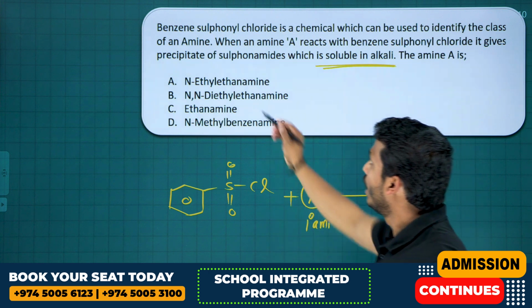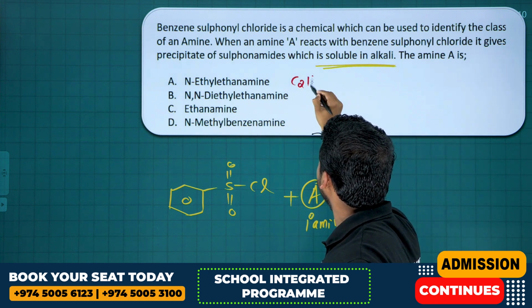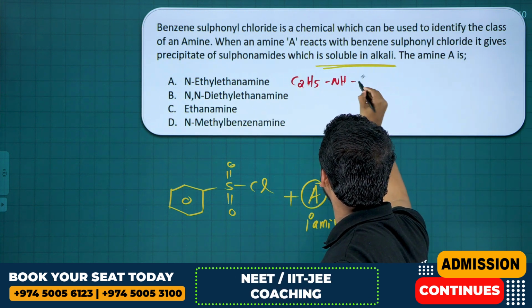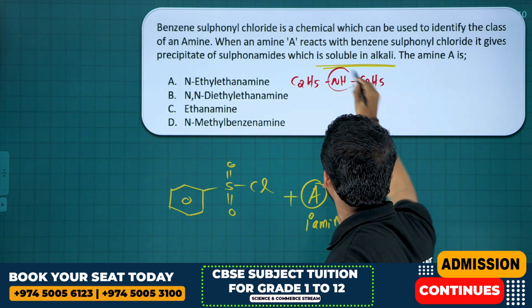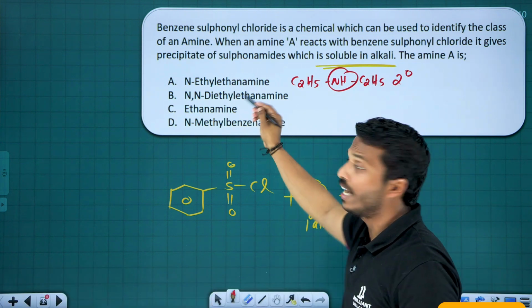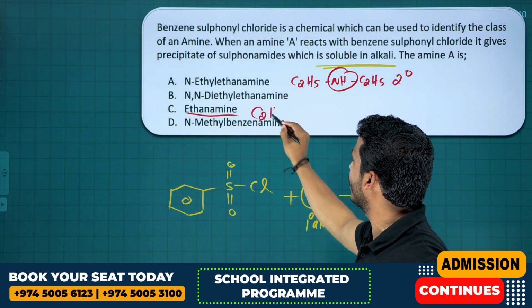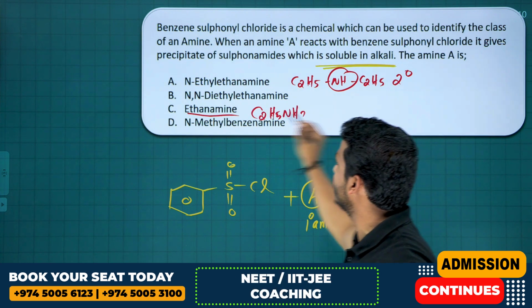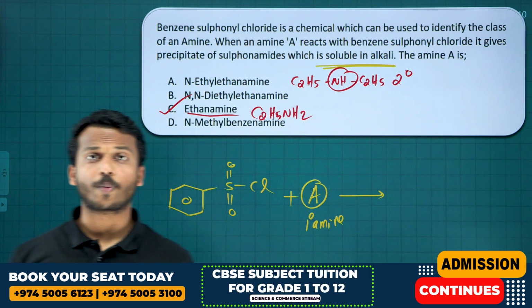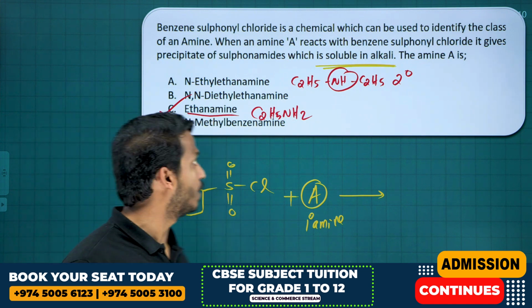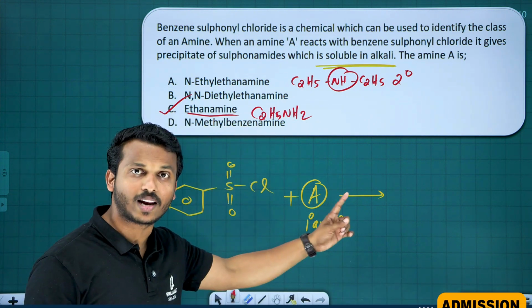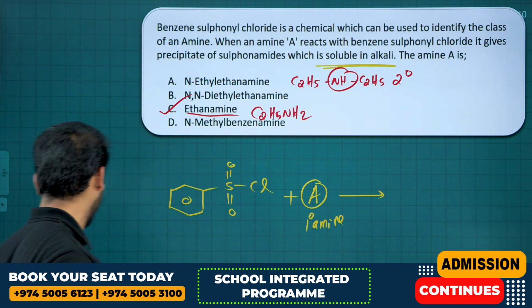N-ethyl ethanamine is a secondary amine, not our answer. N,N-diethyl ethanamine is tertiary. Ethanamine, C2H5NH2, is the primary amine. So primary amines react with the Hinsberg reagent and give a product which is soluble in alkali because it contains one acidic hydrogen.